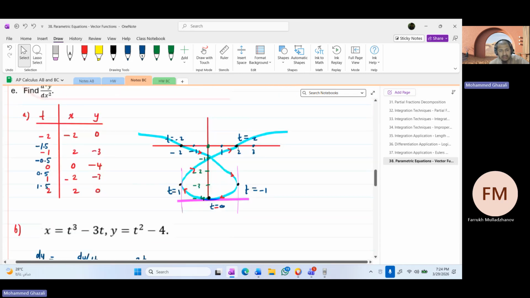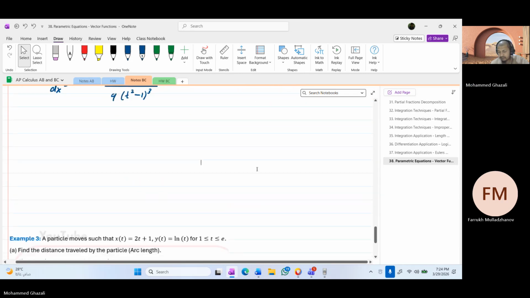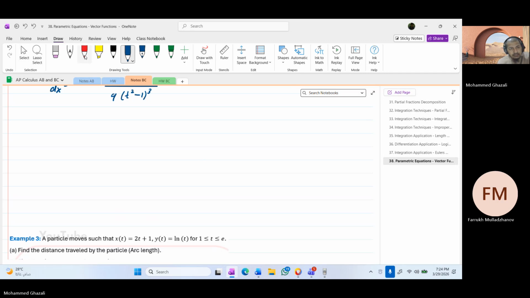okay, let me draw a new diagram. Arc length, another word for arc length is actual distance, right?